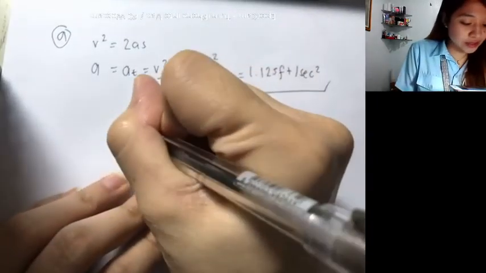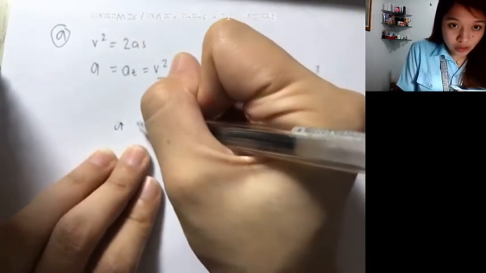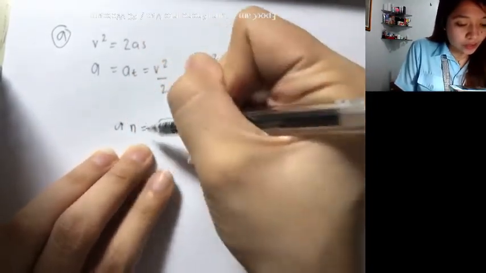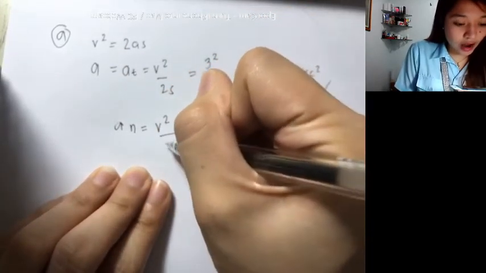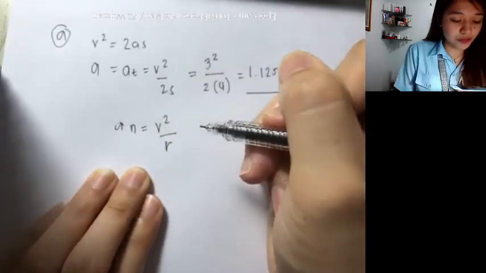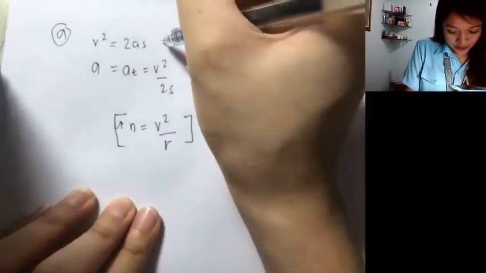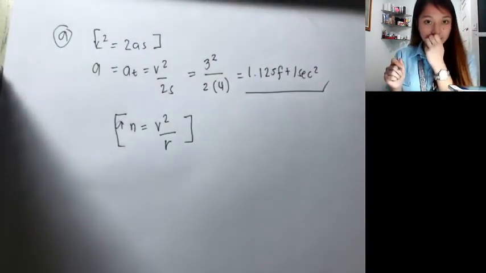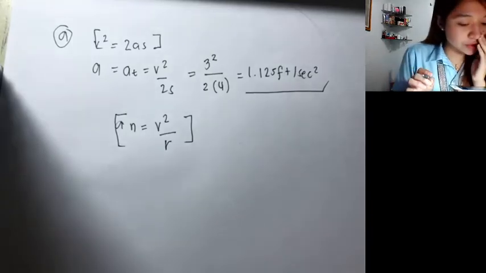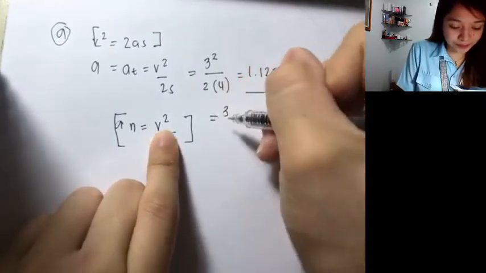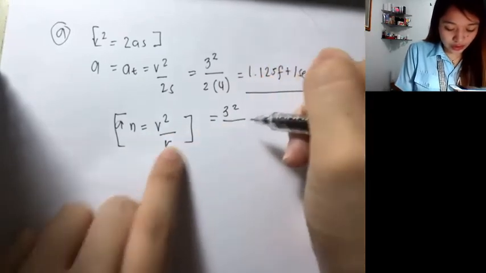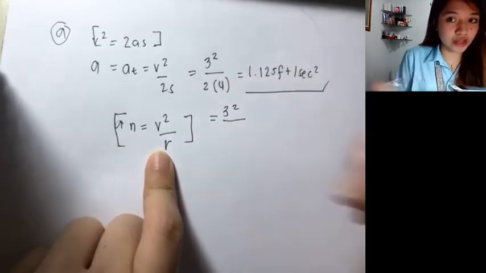The normal acceleration equals v squared over r. This is also our formula. Substituting the values, v is 3 squared, and r is 24.